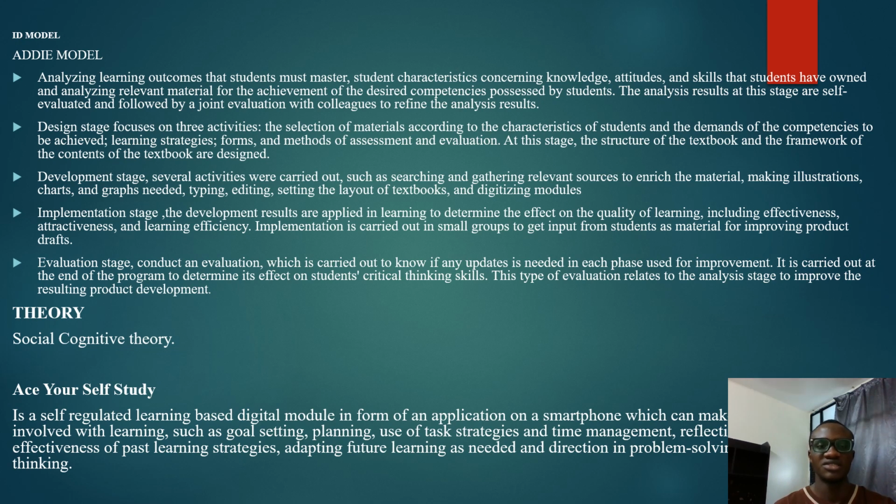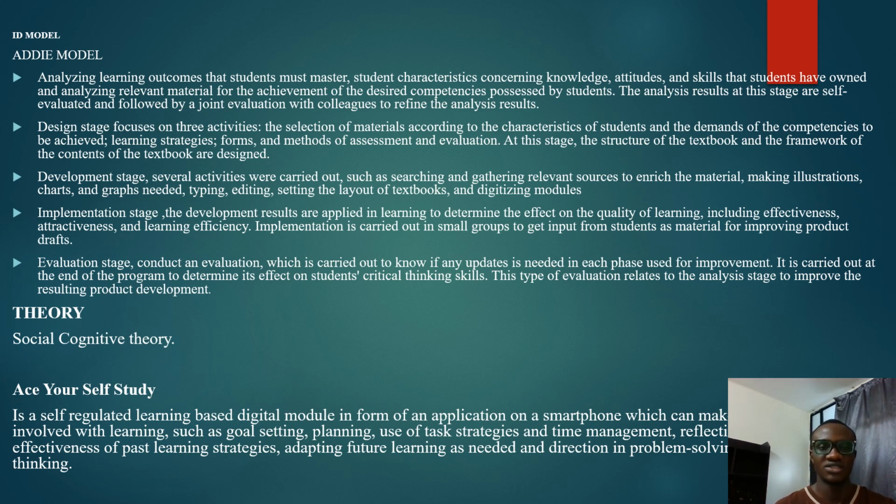The implementation stage is where the development results are applied in learning to determine the effect on the quality of learning, including effectiveness, attractiveness, and learning efficiency. Implementation is carried out in small groups to get input from students as material for improving product drafts.